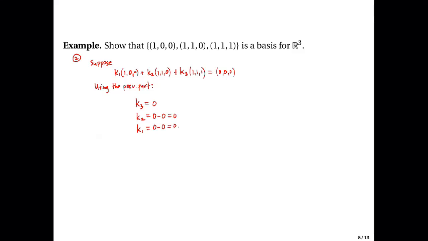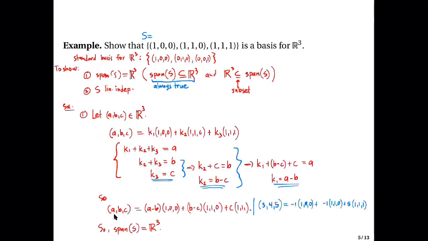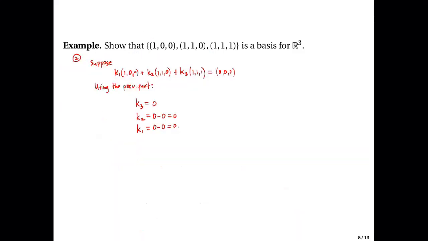And that's it. It's easy, right? Because of that linear combination representation. So A minus B is 0, B minus C is 0, and C is equal to 0. So this means that S is linearly independent.